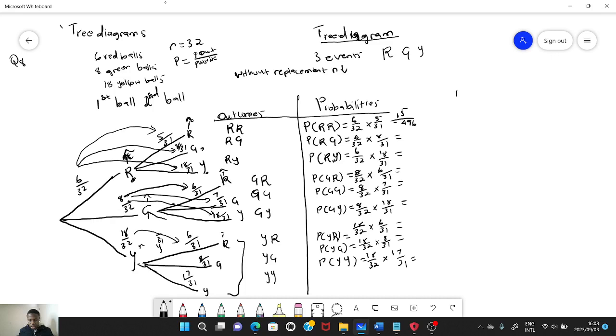Okay, we still have to multiply. You see, 9 over 62. It's not the first time we get this probability. And then we are left with the last one, which is, wow, such a huge number.